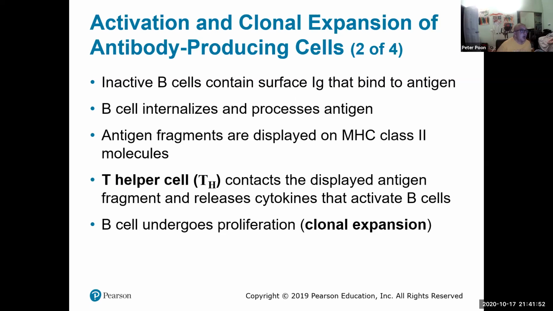Inactive B cells contain a surface IgD that binds to antigen. The B cell internalizes and processes the antigen that's there. The antigen fragments are displayed on MHC class 2. The T helper cell connects with the displayed antigen fragment and releases cytokines that activate the B cell.